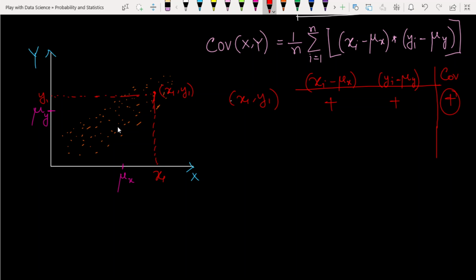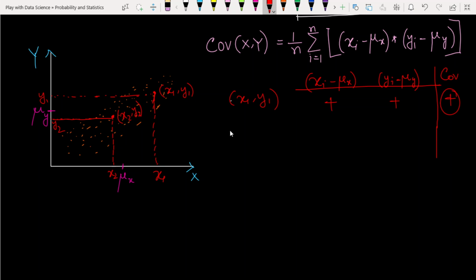Okay, now the second point, let's take our second point somewhere here. Let's take this point as x2, y2, so this is our x2 point and y2 is somewhere here, our y2 point.